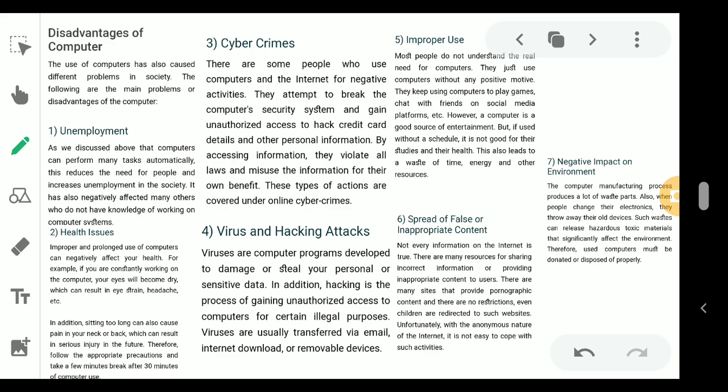Okay, so now we are going to the topic of the main application areas of a computer. There are so many application areas that if you try to count, you cannot count all of them. Number one, engineering and scientific research.